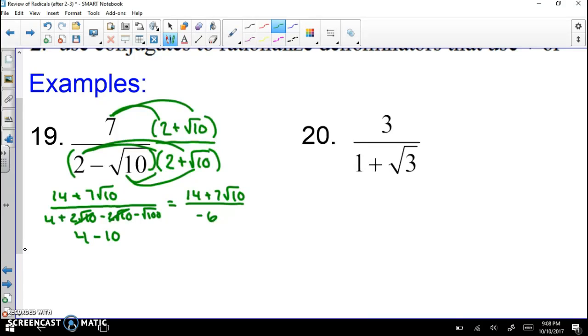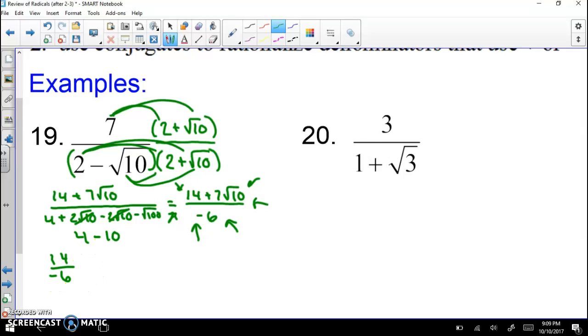Now, at this point, we would look to simplify if we can. And half of our fraction is able to simplify. If you wanted to take the extra step, I'm going to be honest, I will accept this as your final answer if you see that only half of your fraction can simplify, but I'll take that extra step. We would look at this as, like we did in the last section, 2 separate fractions.